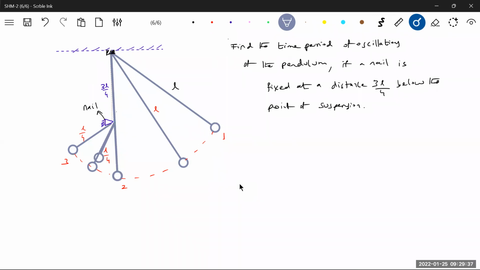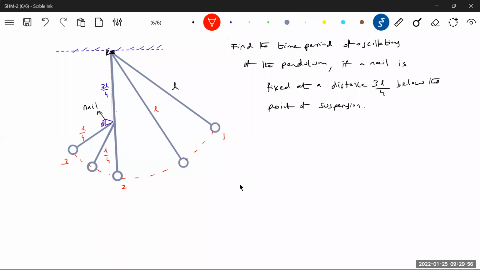After that, it will be oscillating. Are you getting it now? So here it will oscillate like this. The length of the pendulum will be L/4 because now the nail will become the point of suspension. For path 1 to 2, O will be the point of suspension.